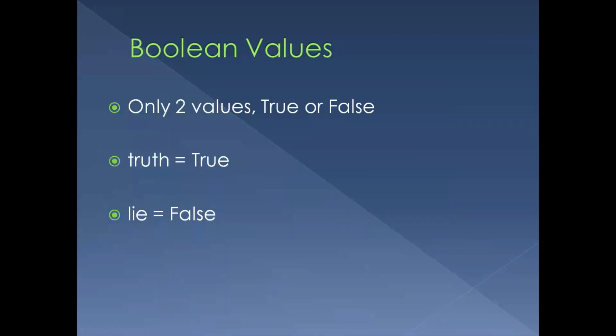In many flow control statements, we use Boolean values. For those of you who aren't familiar with this term, it's named after a 19th century mathematician by the name of George Boole. It's basically values that are either true or false.